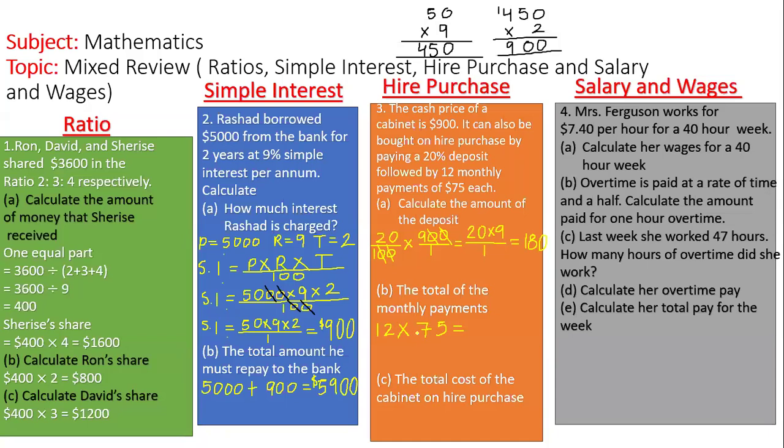So when I multiply 12 times 75, I got $900. So that's going to be the total monthly payments.